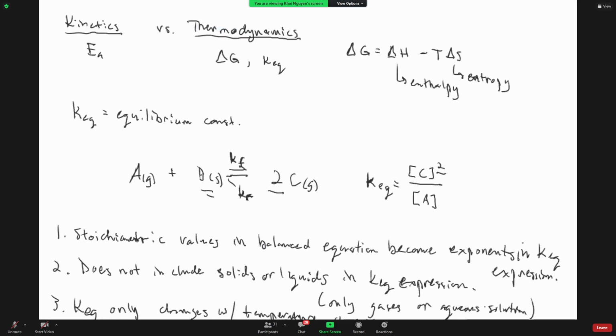Cool. So this is your first Gibbs free energy equation. We'll go over enthalpy and entropy. The other Gibbs free energy equation has to deal with your equilibrium constant. That's negative RT, universal gas constant times temperature, times the natural log of the equilibrium constant.